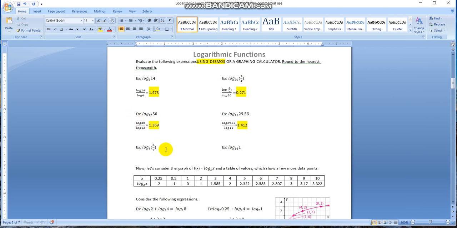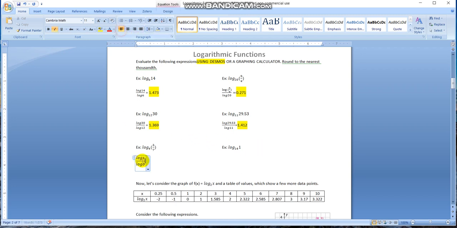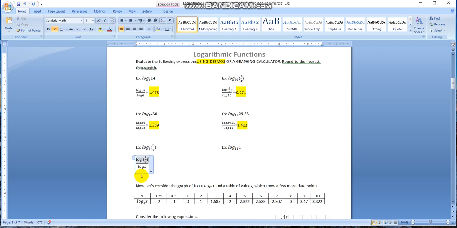Log base 4 of 3/7. Same idea. This is going to be 3/7, and this is going to be 4.